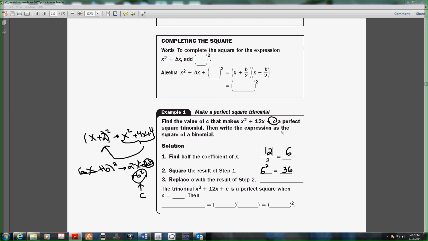Now, because we're looking for that value c that would make this a perfect square, we know that c would be 36. So when c equals 36, we would have our perfect square trinomial.